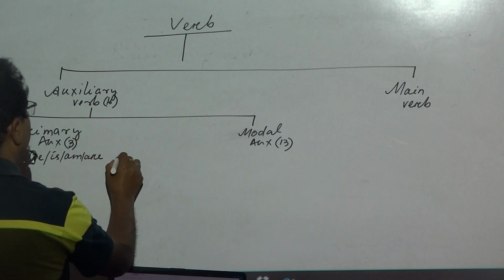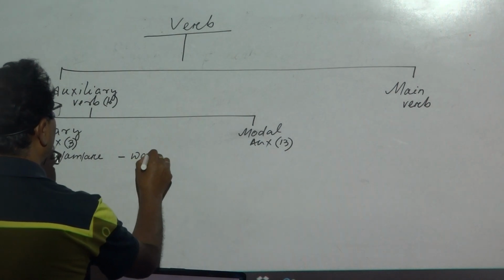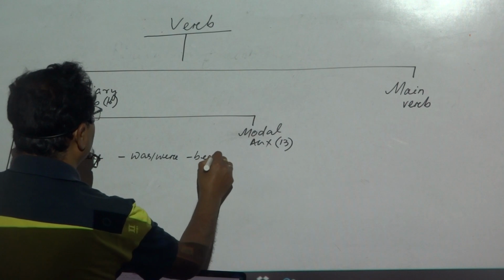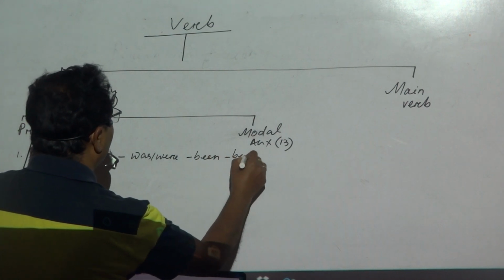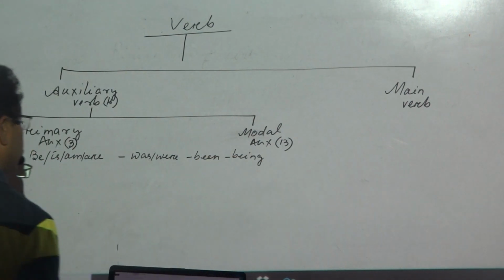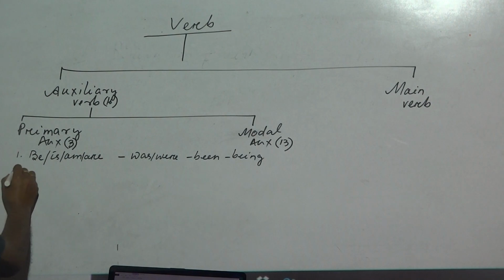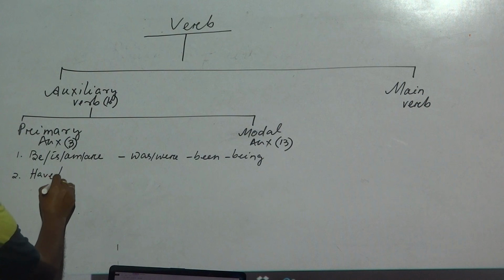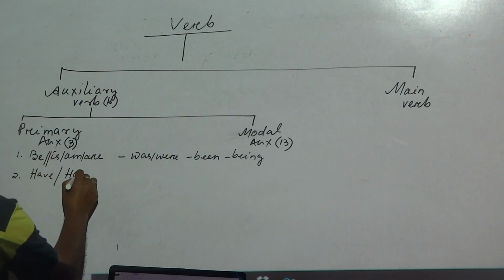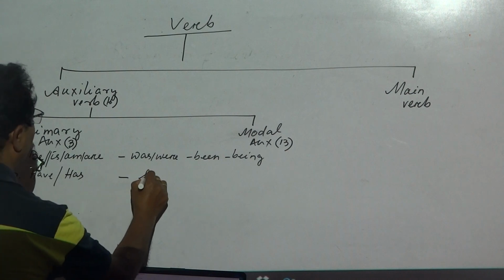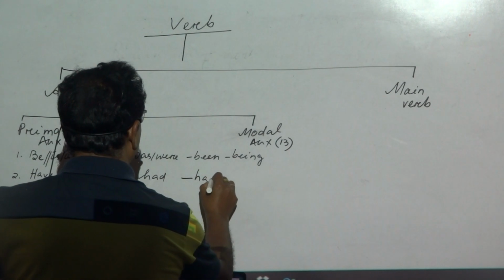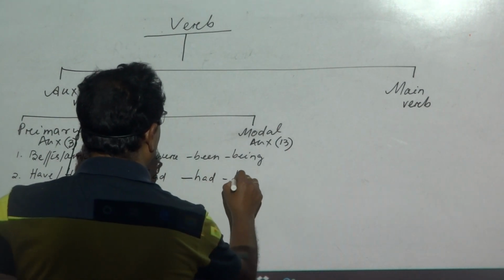Its past form was and were, past participle been, present participle being. Similarly, the second verb is have and its another form is has, its second form is had, third form is had, fourth form is having.